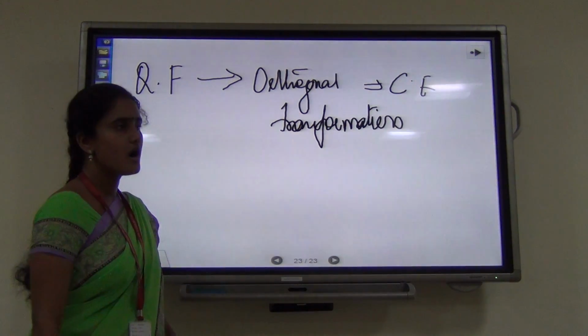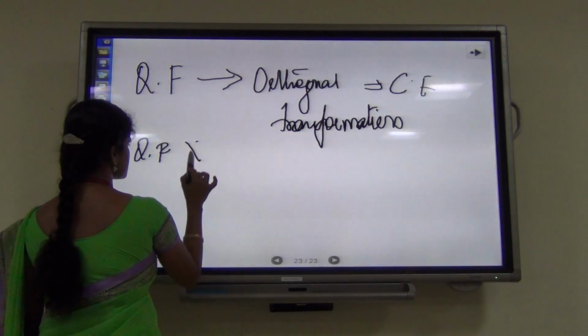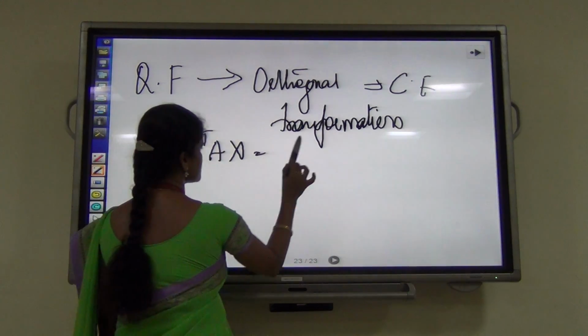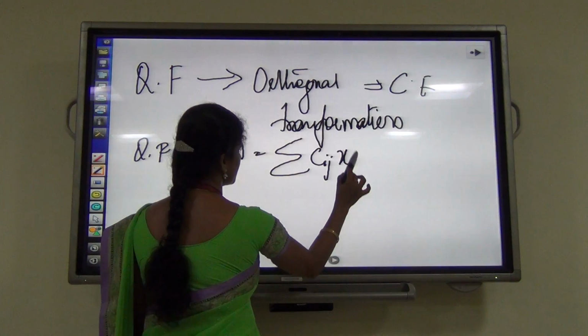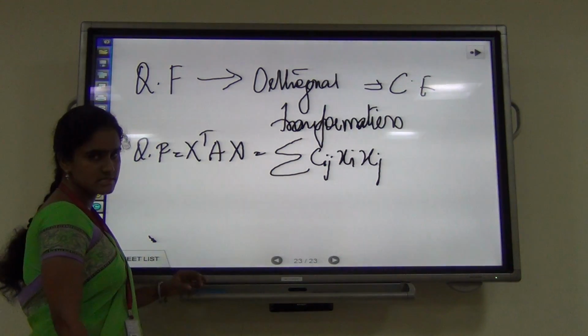You have a quadratic form given as x transpose Ax, that is, the summation of Cij into xi xj. From this, how do you get the matrix?